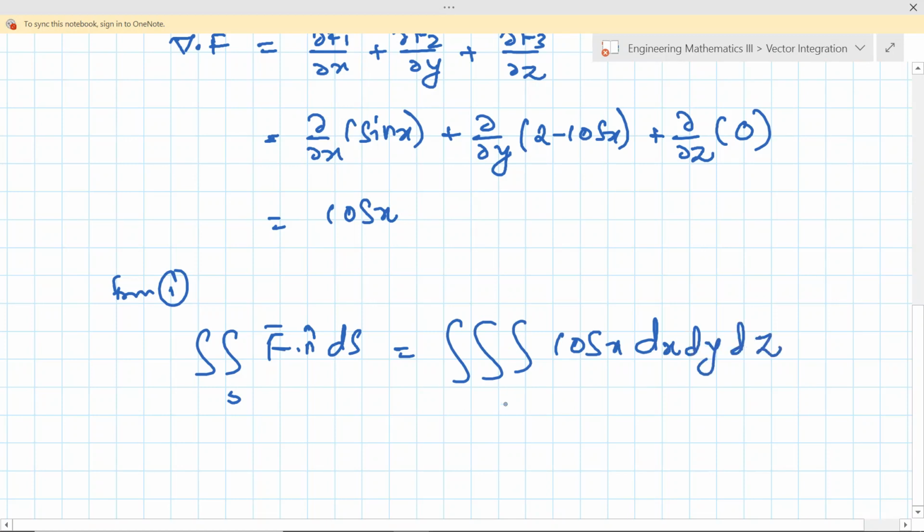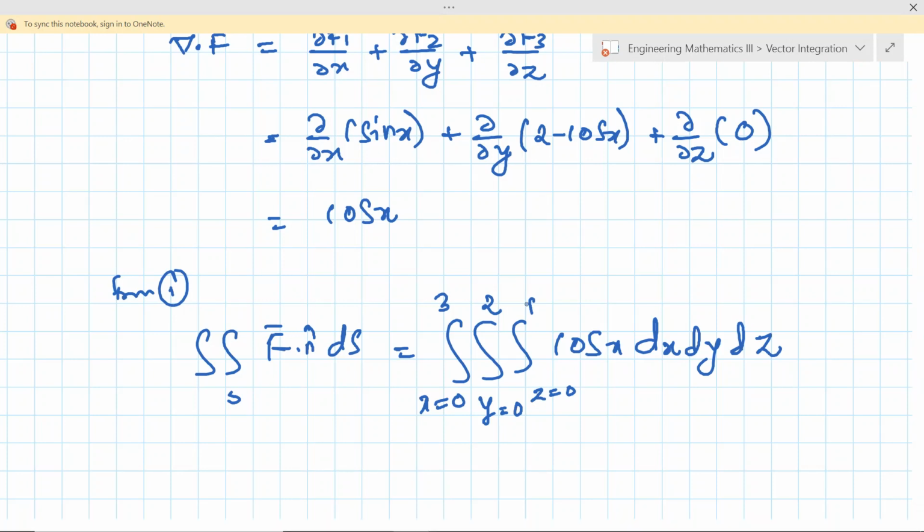And we have the limits. x runs from 0 to 3, y runs from 0 to 2, and z runs from 0 to 1. These limits are given in the example.